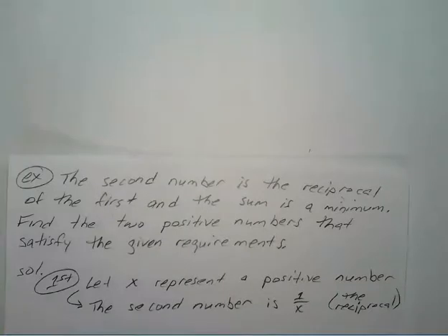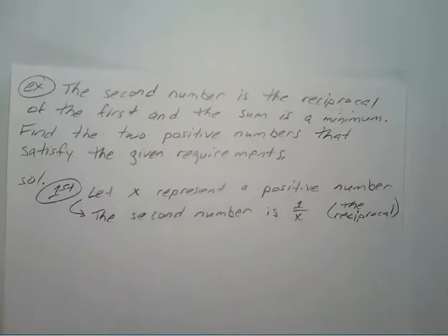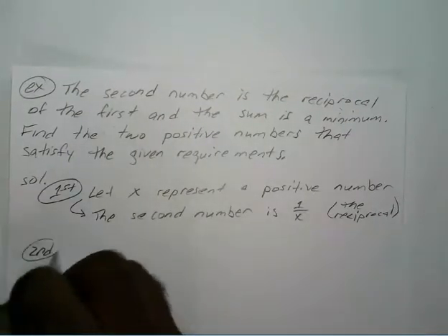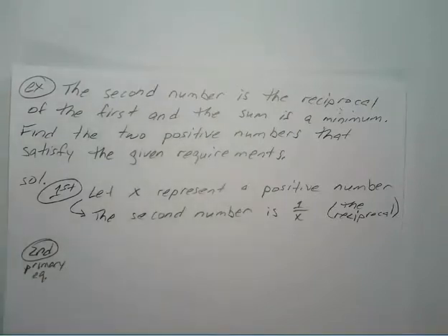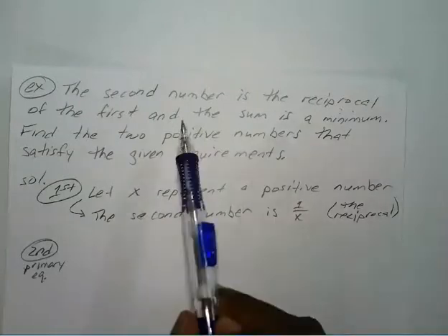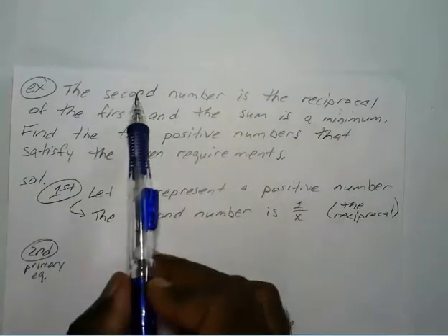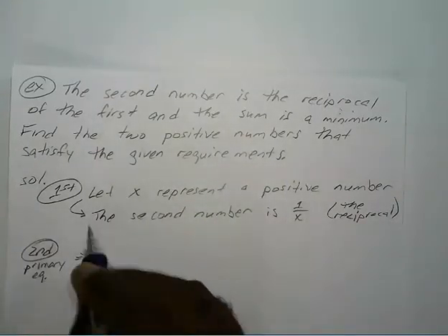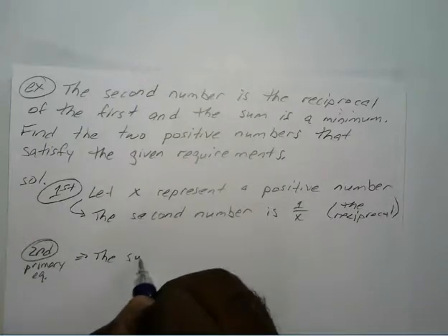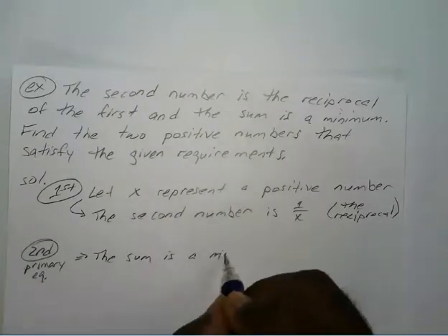Now we're going to go to our second step, where we look for our primary equation. If you look at the problem, it tells you exactly what you're looking for: the sum is a minimum.